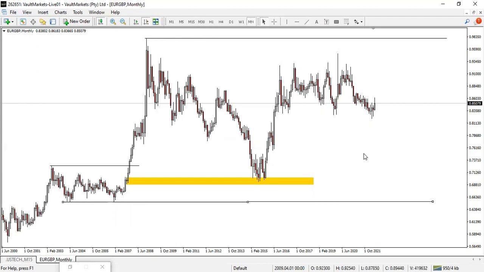The current price action is in between the low point that has been currently formed and the highest point. So the question now is: what is the direction of EURGBP on a monthly time frame?